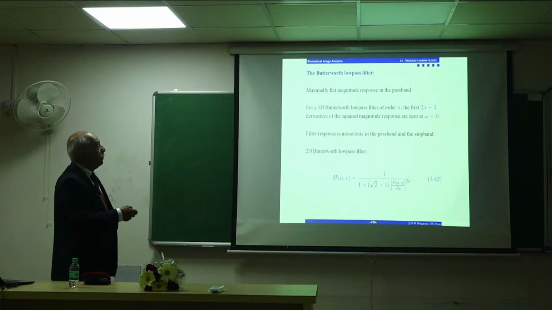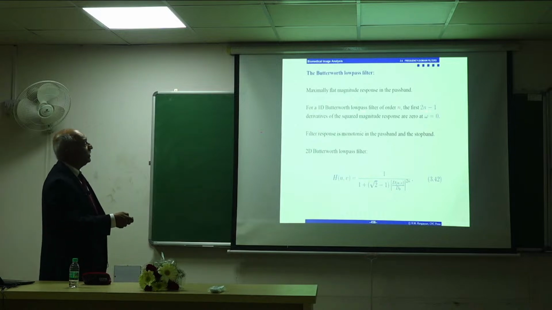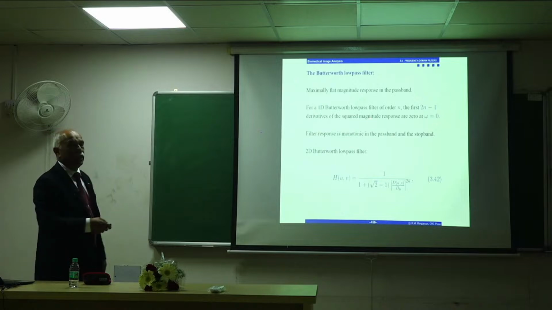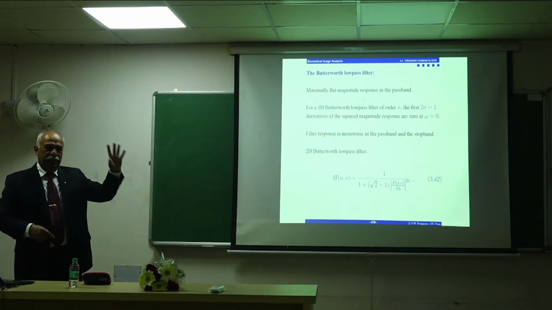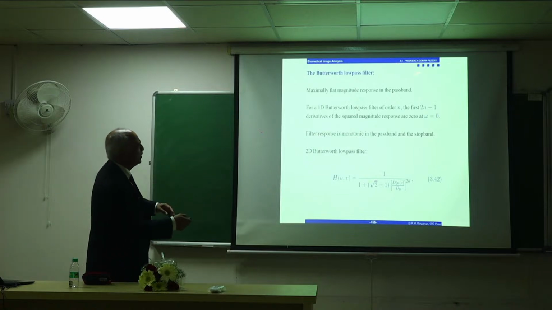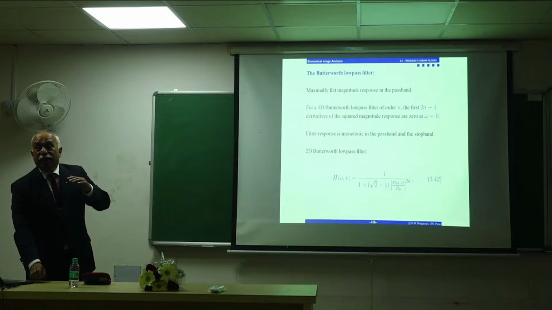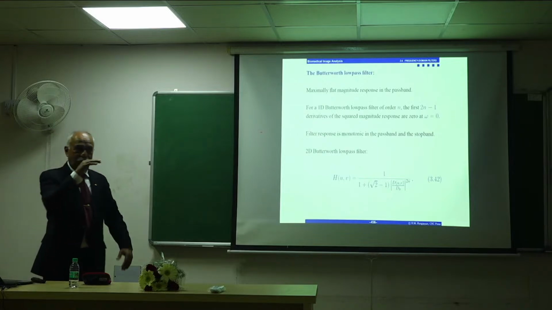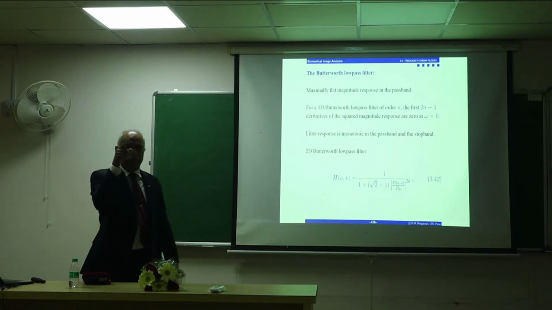So for a Butterworth filter of order n, the first 2n minus 1 derivatives of the squared magnitude response are 0 at omega equal to, or frequency equal to 0. We don't use omega, but that's in 1D. So that is what is meant by maximally flat. Not only the value, but its derivative and so on.